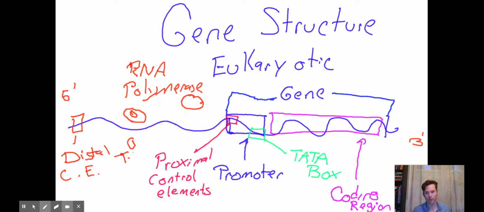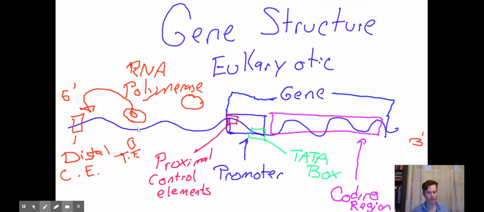If my computer wasn't being so sketchy, I would write it all out, but often you'll see me abbreviate it as TF anyways. So these transcription factors engage with the control elements. And at first it engages with the distal control element, turns the whole thing on.